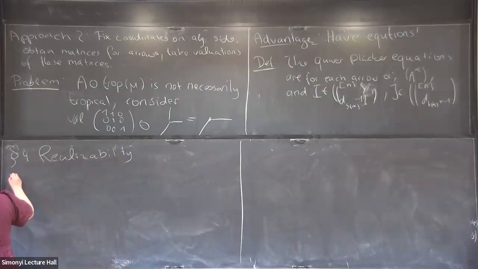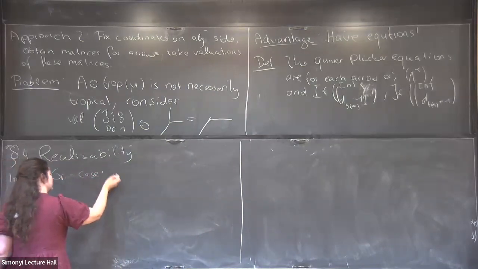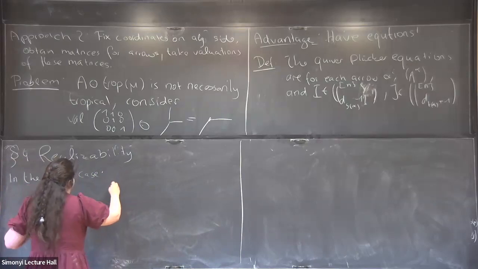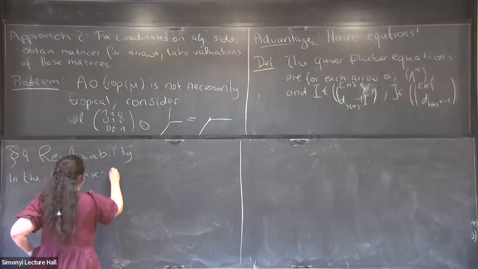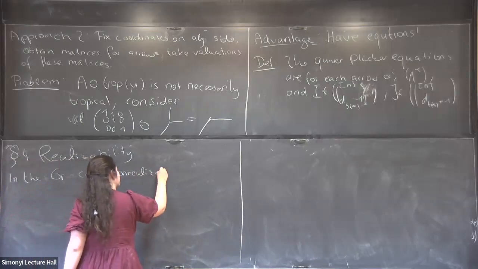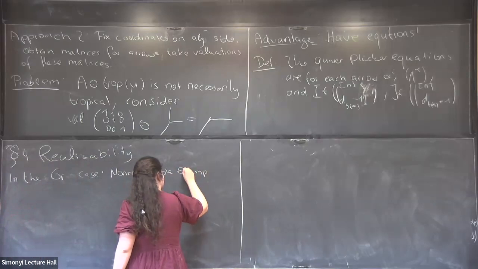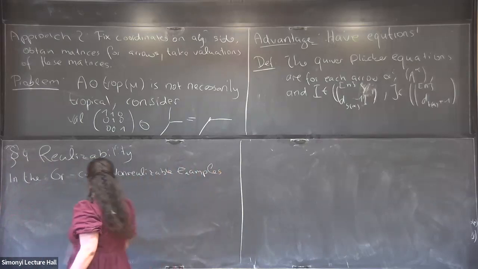So in the case where we just had a Grassmannian, we have non-realizable examples from n equals 7.